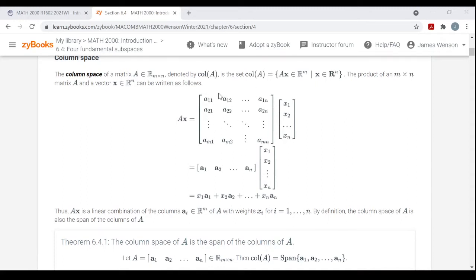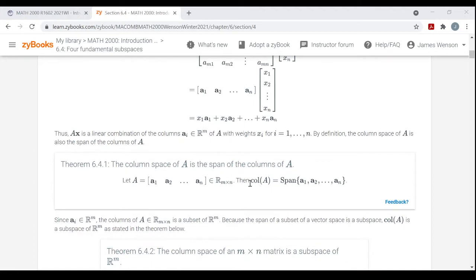We have x1 times column 1 plus x2 times column 2 plus x3 times column 3, etc. So any product of a matrix and a column vector can be expressed simply as a linear combination of the columns of that matrix.